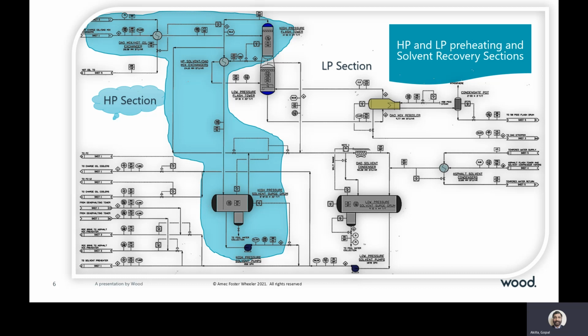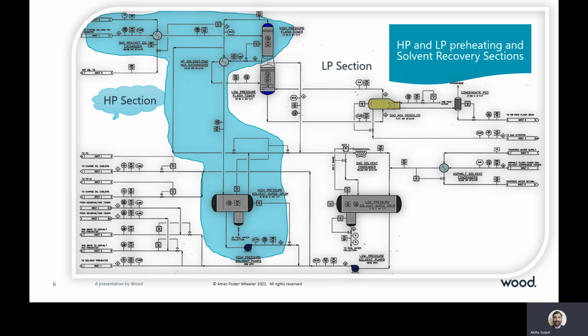Now we'll talk about a separate section, which is high pressure and low pressure preheating and solvent recovery sections. So you can see some layout is shown. The colored section is the HP section, and the remainder is the LP section.